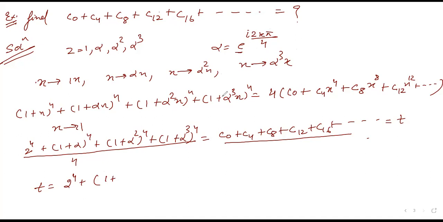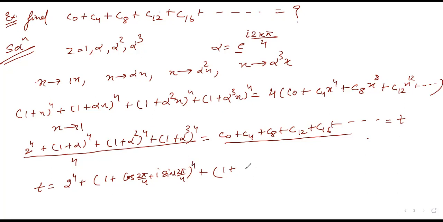If you put k equal to 1, that will come as 1 plus cos 2 pi by 4 plus iota sine 2 pi by 4 raised to the power 4, plus 1 plus, if you put k equal to 2 there... sorry, my mistake.